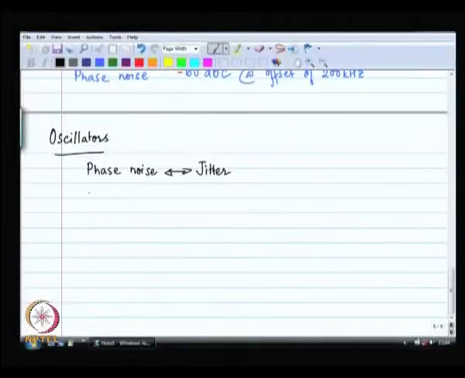What are the other important parameters? What are the other important thoughts that we have? We need quadrature, so I need to be able to generate sine and cosine at the same time. Anything else?